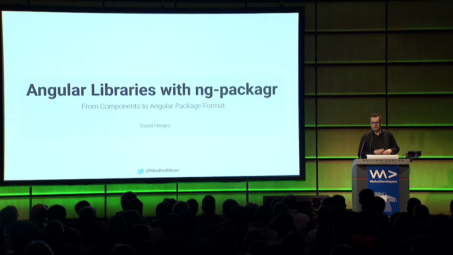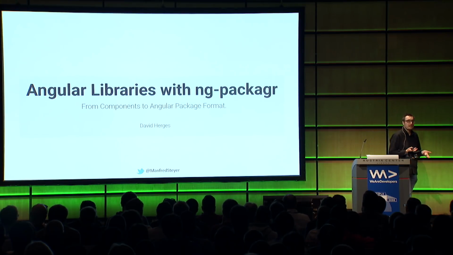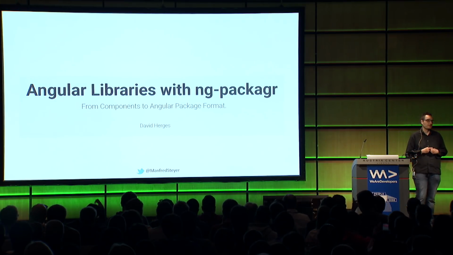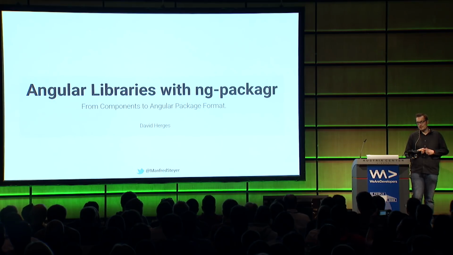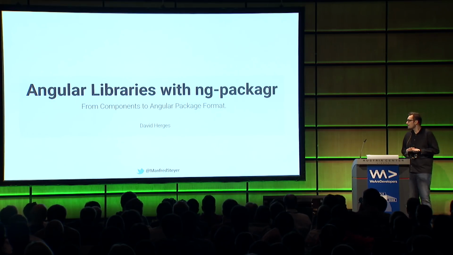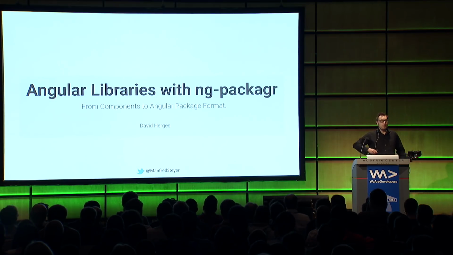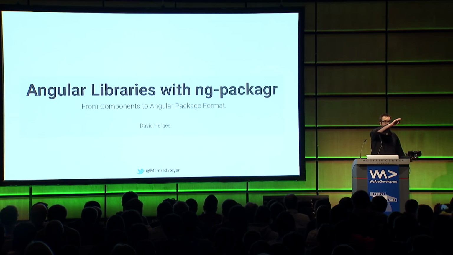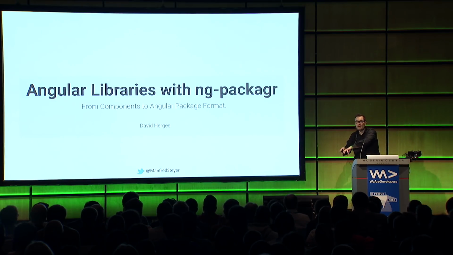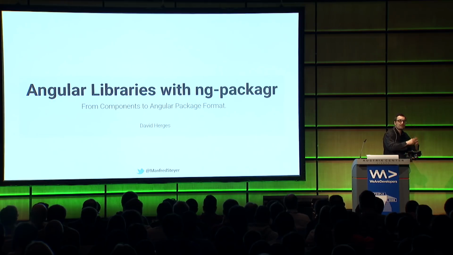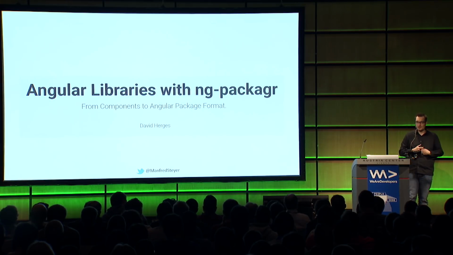And I have a good message for you. There are tools out there that help you to align with the Angular Package Format. A very popular tool is ng-packagr. It is a tool that can be used very easily. It points to your source code and it tries to compile your source code down to an NPM package that aligns with all those details of the Angular Package Format.